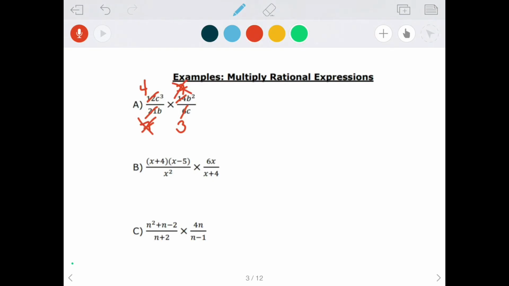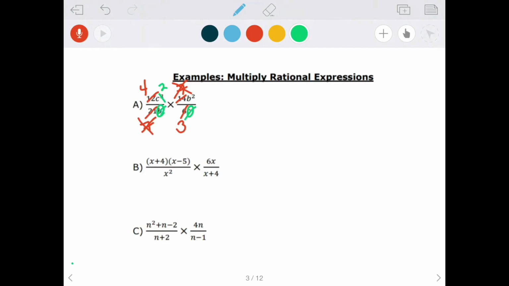Finally, we're going to cancel out our variables. So my C's and B's: I'm going to cancel this C out with one of these C's, so that leaves me with C squared.